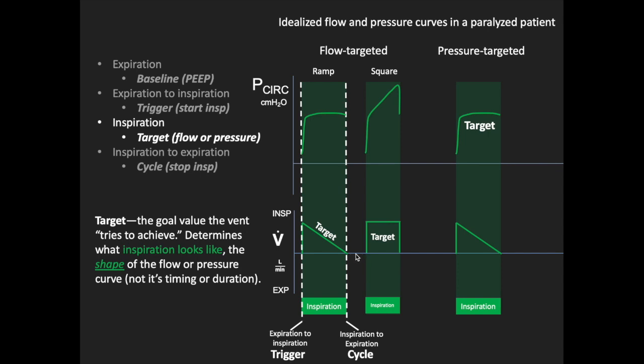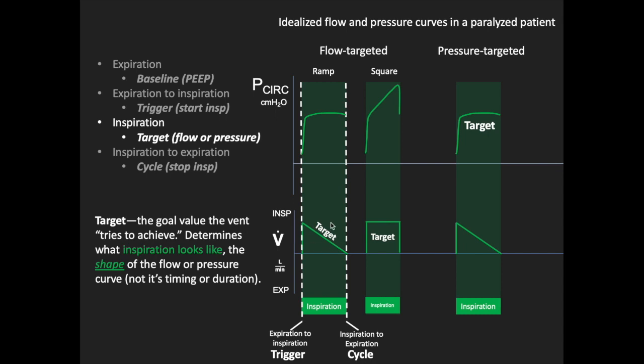Say you're down here at baseline, so there's no flow in or out of the patient because we're at end expiration, waiting, waiting, waiting, and then something triggers inspiration, either a time trigger or patient trigger. So now it's time to give inspiratory flow, and since we're in a square waveform, what we're going to do is go up to, say, 60 liters a minute. Just keep it at 60 liters a minute, cycle off, inspiration is over, back to baseline. Okay, that's a square waveform.